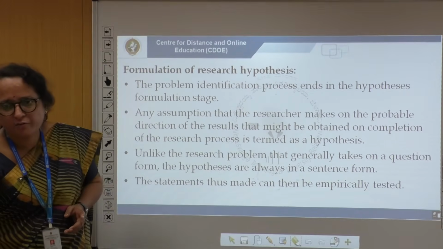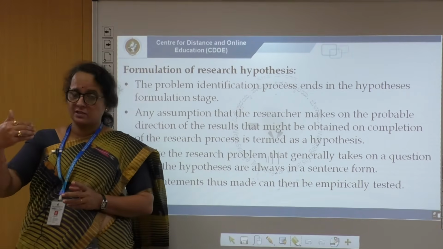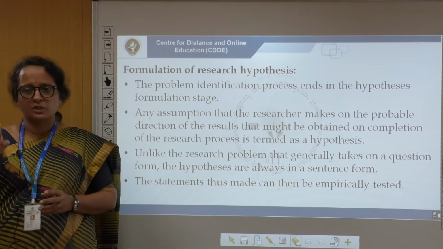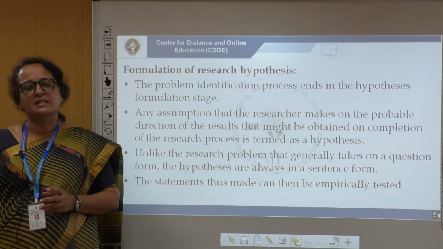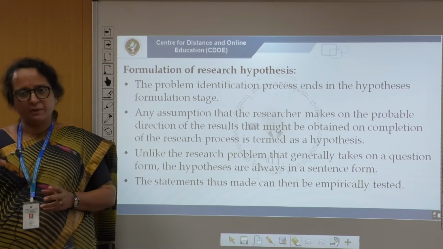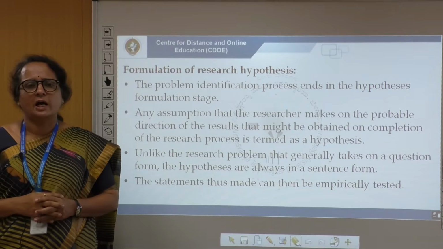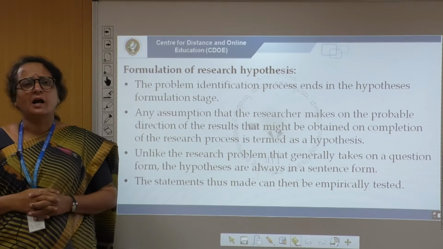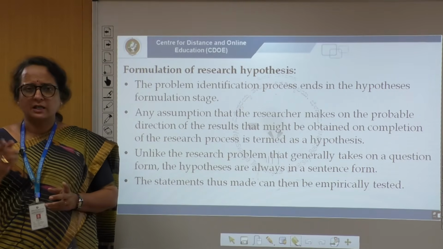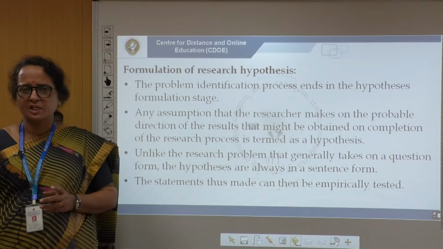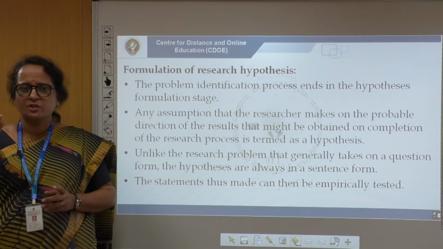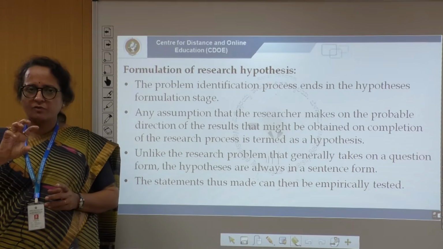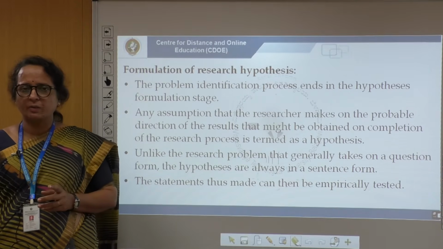Then after framing the research objectives, the last step in the identification process is formulation of the research hypothesis. Of course, this particular concept we will discuss in detail as a separate heading, but let me highlight what a hypothesis is. First the researcher will understand the decision problem, convert that decision problem into a research problem. The research problem will be stated as research questions, and for each research question objectives will be laid down.